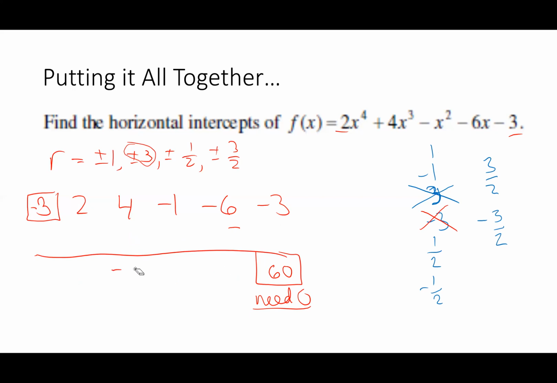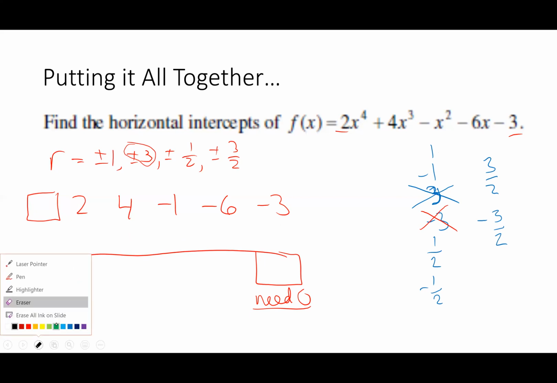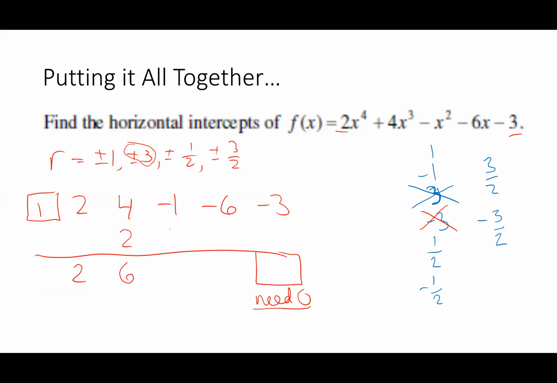But we know what we're checking, and this is really just a matter of time and patience. So let's try 1 now. Yes, I already know what it's going to be, but let's just try 1. So we take 2, drag it down. 2 times 1 is 2, 6, 6, 5, and then 5, -1, -1, -4. All right, so it's definitely not going to be 1.